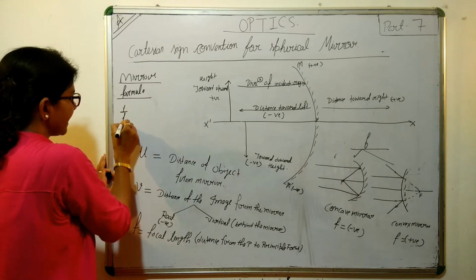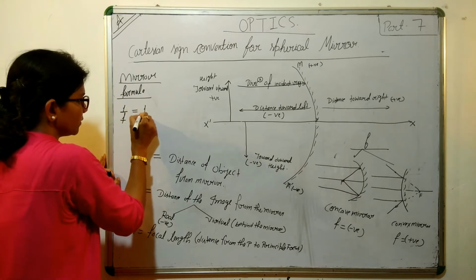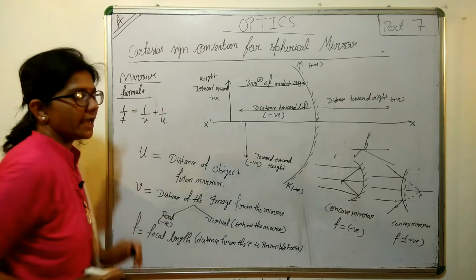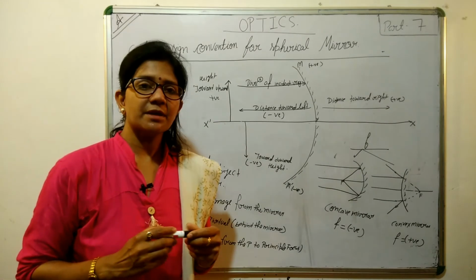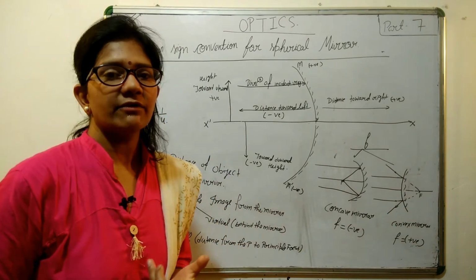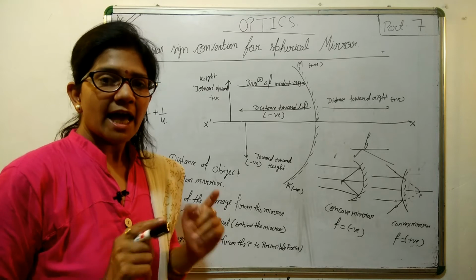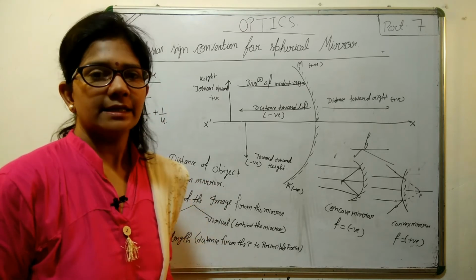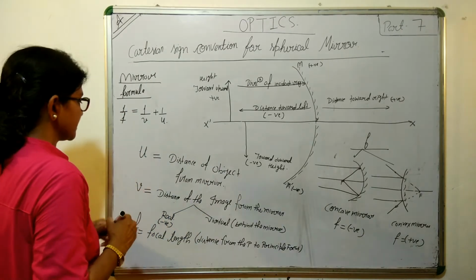1 by F is equal to 1 by V plus 1 by U. And please keep in mind that whatever value we are using, either V or U or F, everything should be with its right sign, negative, positive, whatever it is.